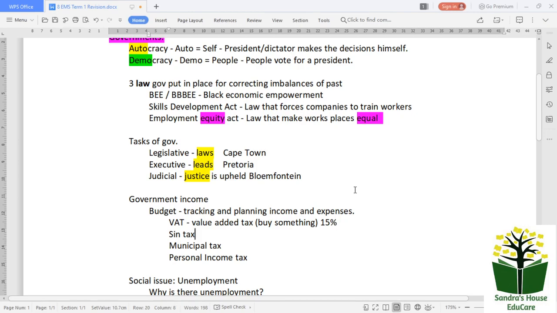All right, we have sin tax, which is basically if we're looking at the sins, so things that's not good for you to do. So we get sugar tax. Sugar tax is quite high, so that's things like Coke and sweeties and things like that, where that has sugar in it.